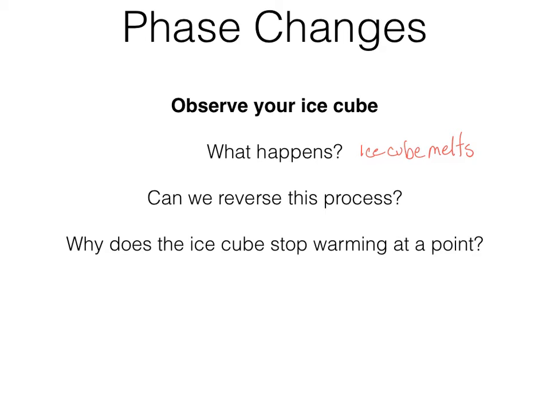And that's because the temperature of your room should be above freezing. Can we reverse this process? Yes. We can take that puddle of water that results and stick it back in the freezer and make ice again.